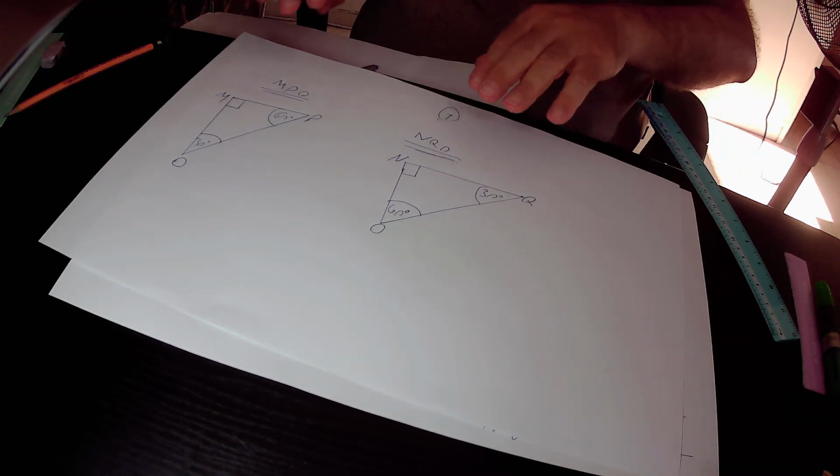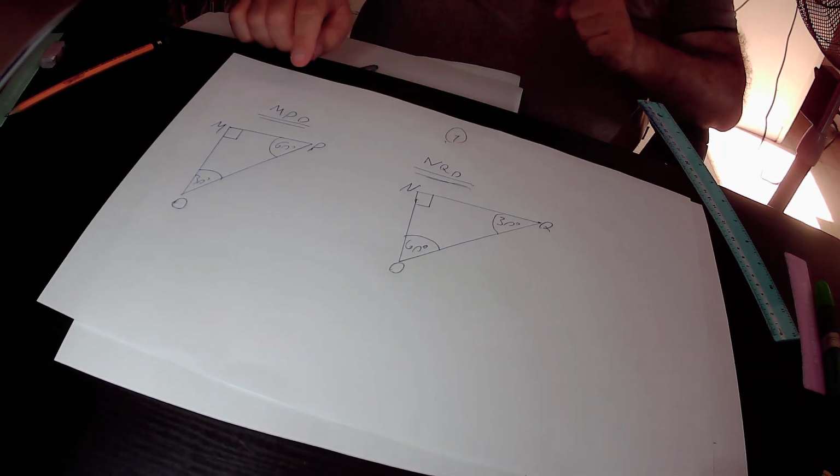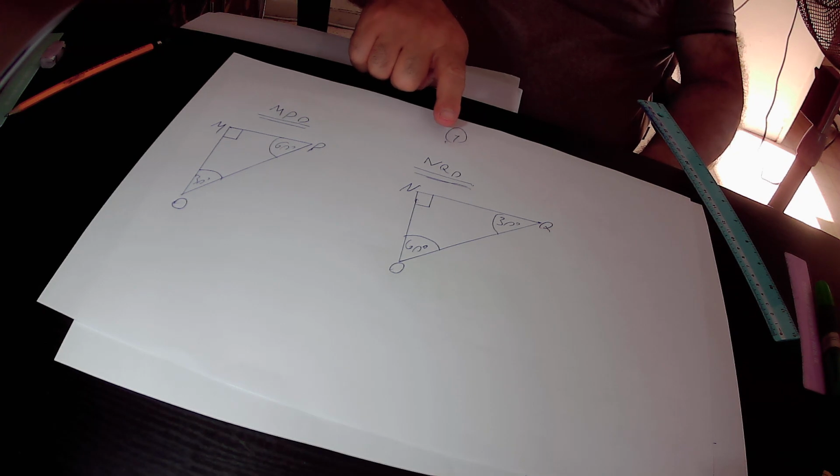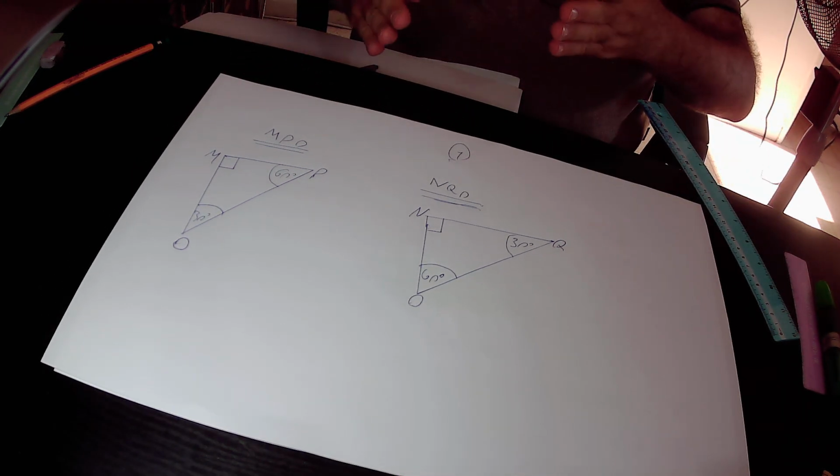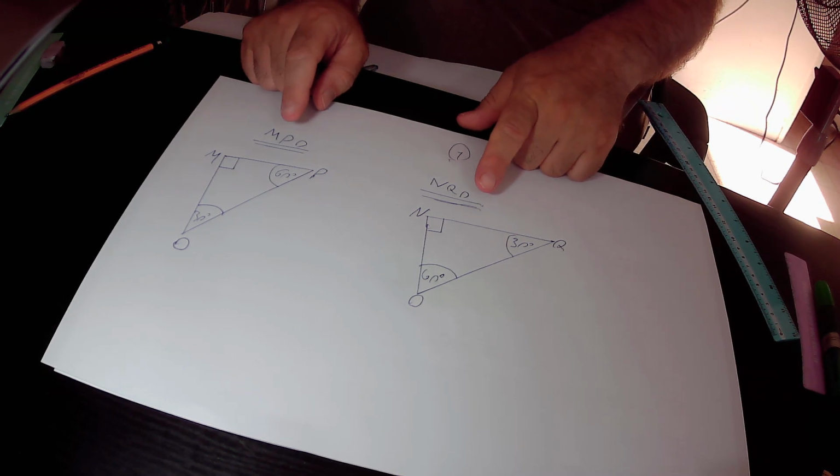So actually, those are the two right triangles MPO and NQO that are going from the original drawing. So in the next step, we will prove that those two right triangles can go into each other according to angle side angle rule.